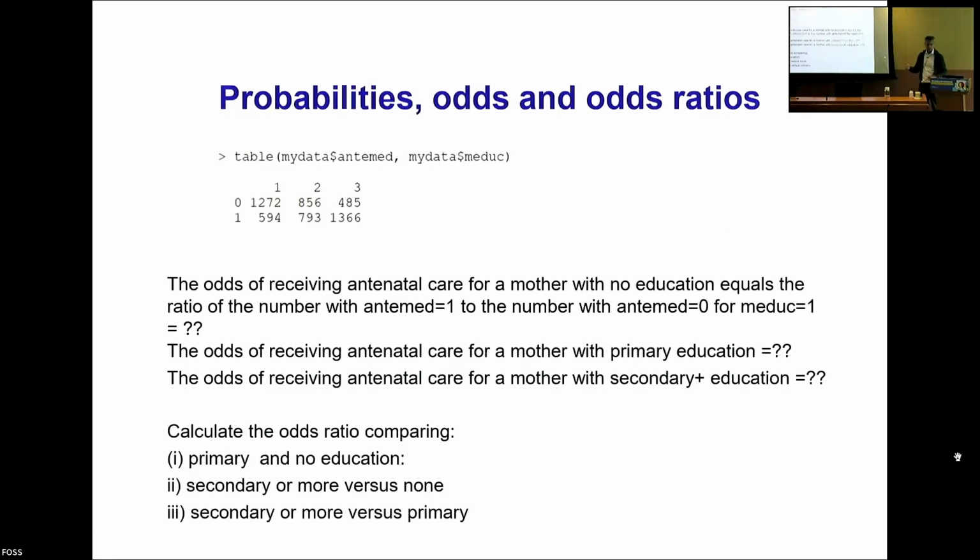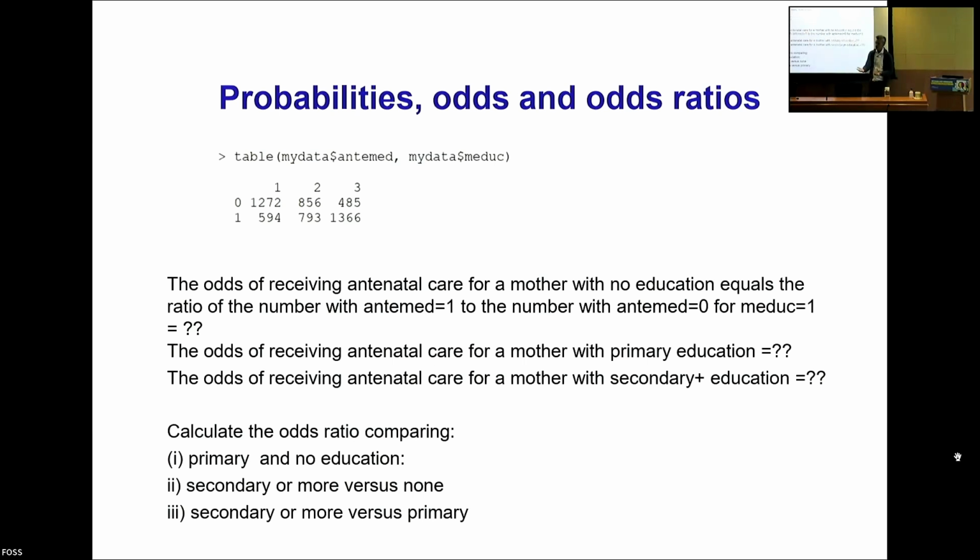So we know the numbers. So let's start calculating the odds. This is a little bit of a refresher on odds. The odds of receiving antenatal care for a mother with no education, so we're looking at the ones, equals the ratio of the number with antenatal care 1, so 594, to the number with antenatal care equals 0, 1272.